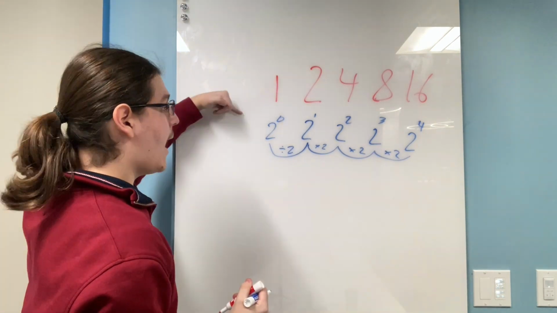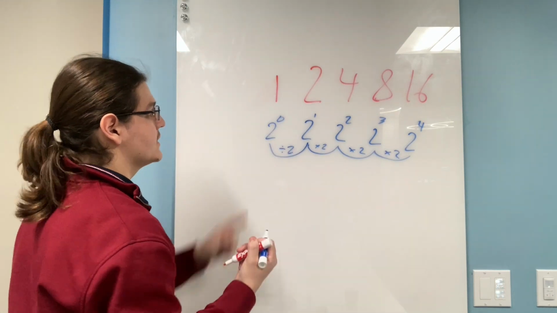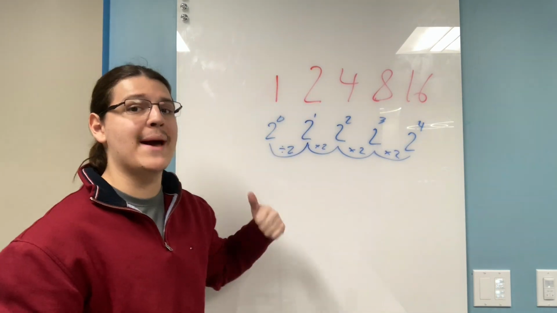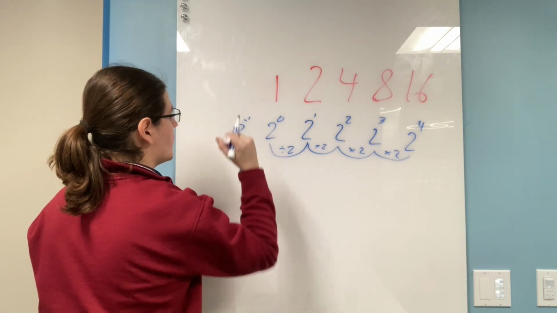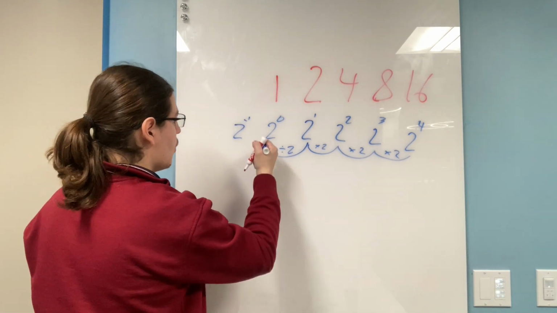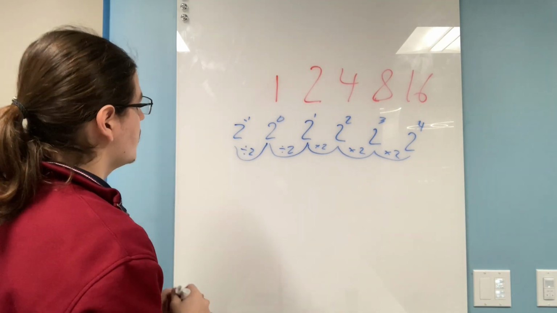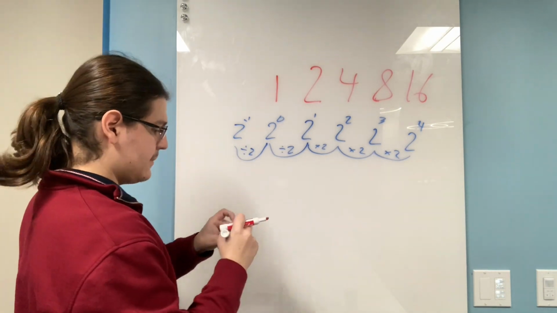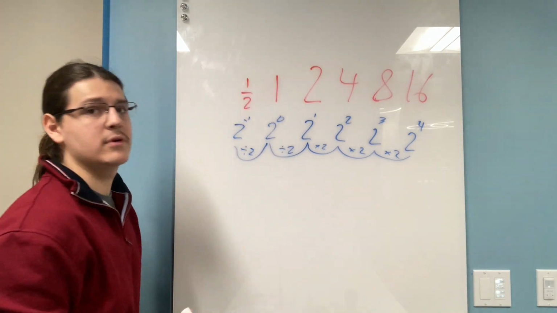Now, what if we kept going backwards? Here, we're just changing the exponent by 1, such as adding it. We can do that backwards too. What if we had 2 to the -1 power? Well, we're going to keep dividing by 2 and find out. 1 divided by 2 is going to be 1/2.